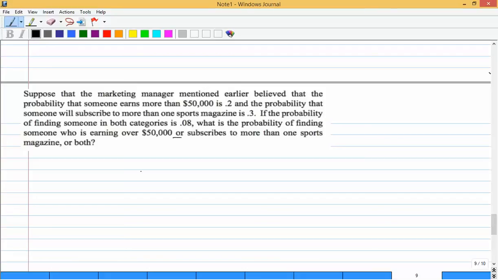Okay, so we have these people here that earn more than $50,000, and we have these people here that subscribe to more than one sports magazine.